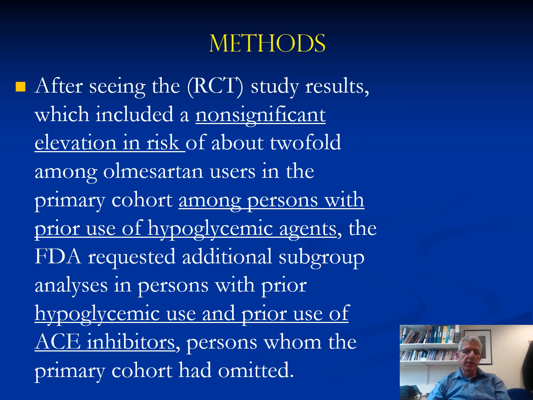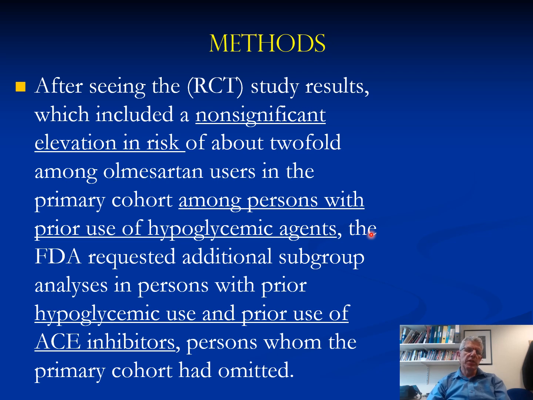After seeing the RCT study results, which included a non-significant elevation in risk of about twofold among olmesartan users in the primary cohort among people with prior use of hypoglycemic agents, the FDA requested additional subgroup analysis in persons with prior hypoglycemic use and prior use of ACE inhibitors, persons whom the primary cohort had omitted.